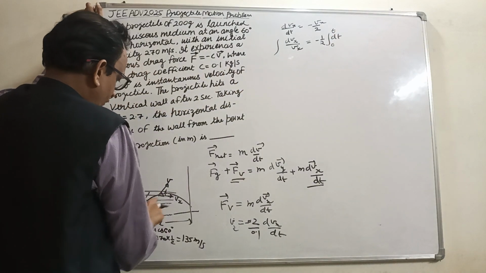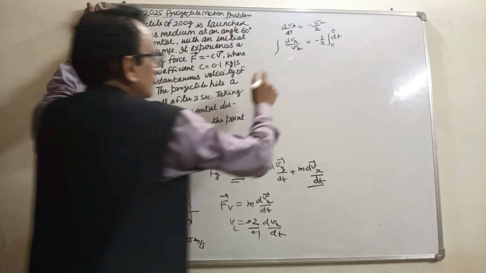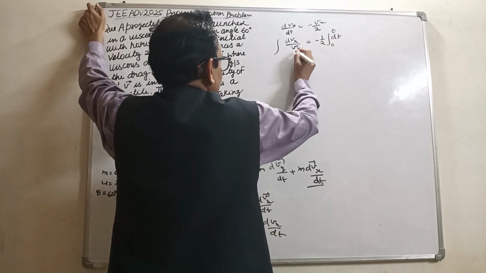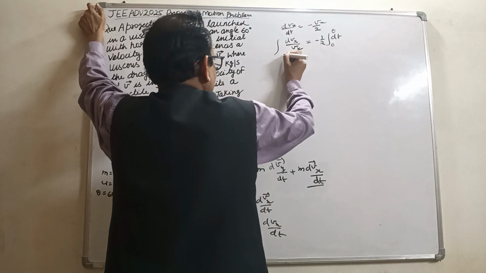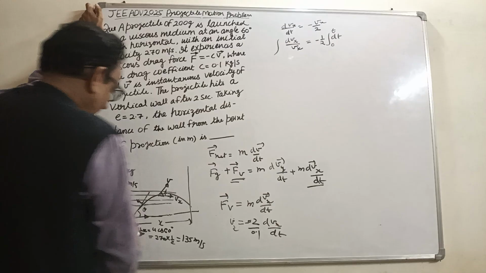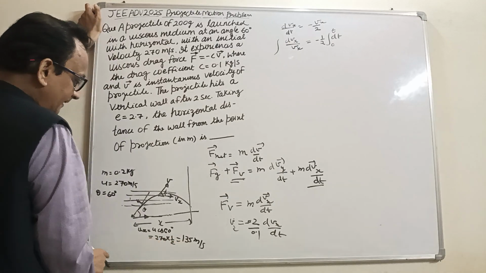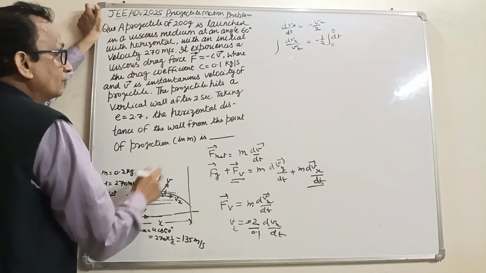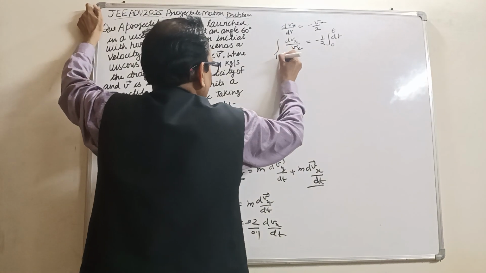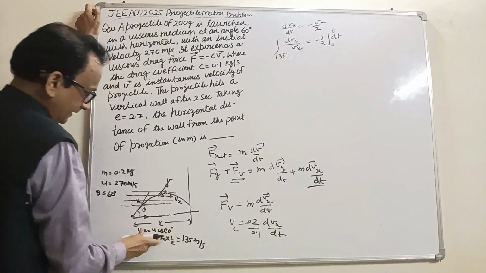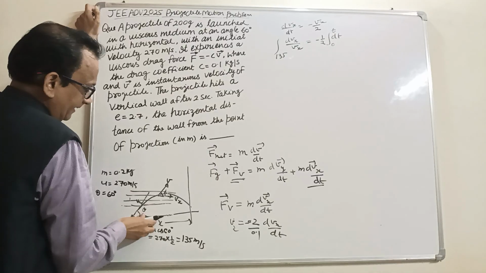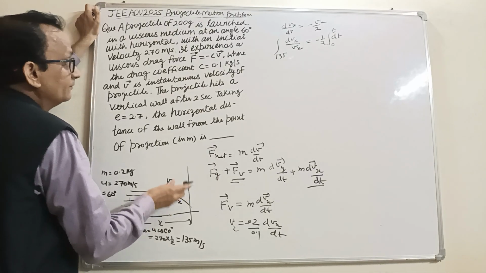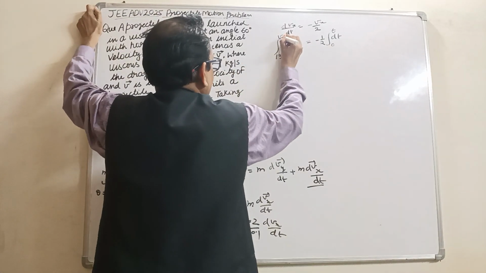Here the time is 0, and here the time is t. The initial horizontal velocity is 135, and the final velocity is vx.